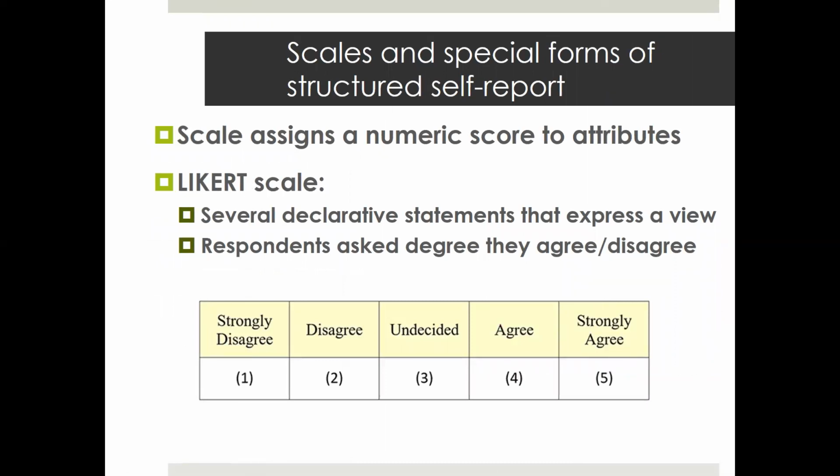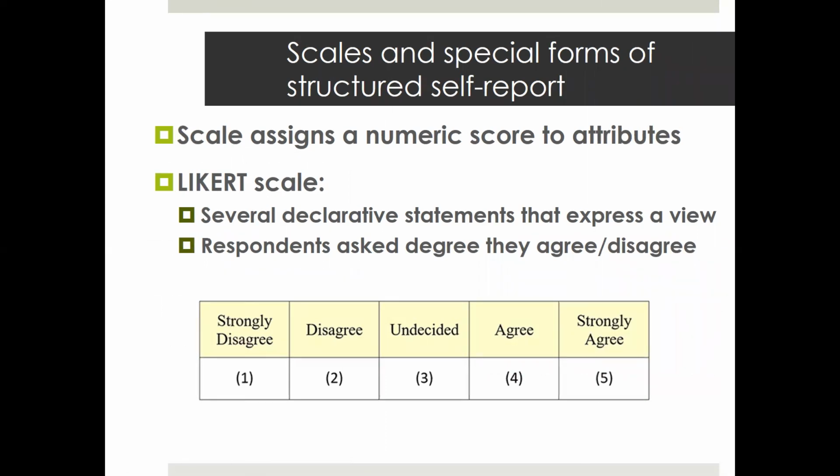In addition, often used in either an interview or a questionnaire are different kinds of special scales. These are ways of giving a self-report. The most important one that you probably have been exposed to is called a Likert scale.